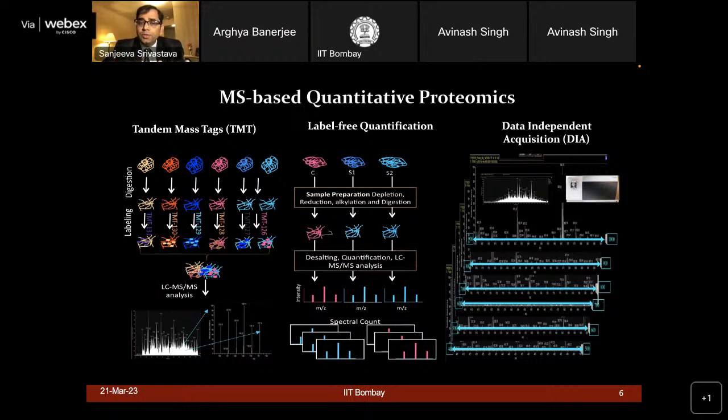So let's say you have 3 control and 3 treatment conditions where the peptides have been extracted from the complex samples, and then those are labeled with these reporter ions. These are isobaric tags, and then you mix them all together and run them in LC-MS to look for the fragmentation pattern and the reporter ions to use for the calculation of these intensities for the fold changes of control versus disease condition.